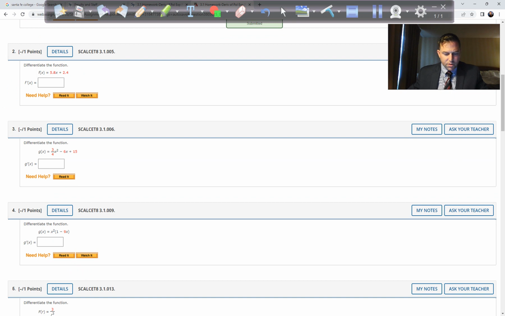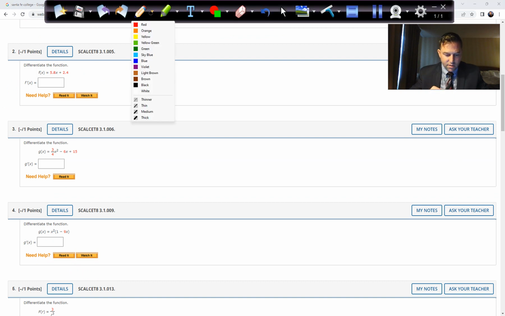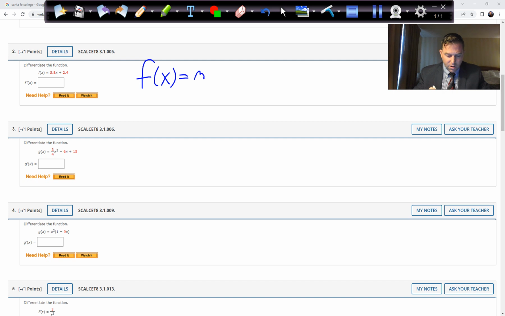Okay, in problem 2, they give us a function. Basically, we have a function where we have some slope times an x value plus some constant. Well, we know the derivative of a constant is 0, so this second term is going to become 0. So that 2.4 will become 0.